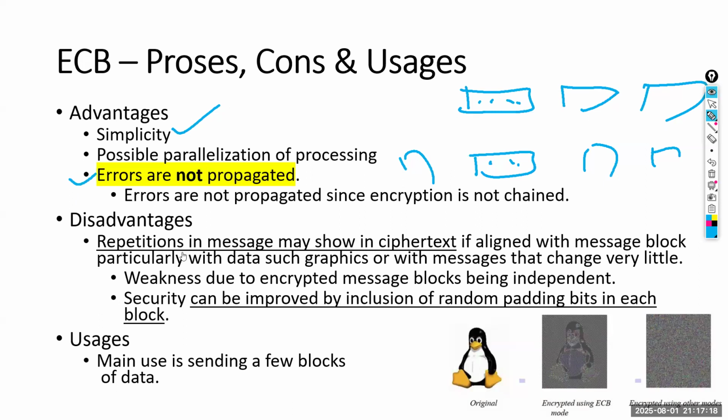Errors are not propagated, and it's simple. And also we can do it in parallel. That is another advantage, because these are independent. Other block modes you can't do like this, because pretty much your second block depends on the first block. So the advantages: simple to implement, we can process blocks in parallel, and errors are not propagated. If there's an error in a block, it only affects that ciphertext.